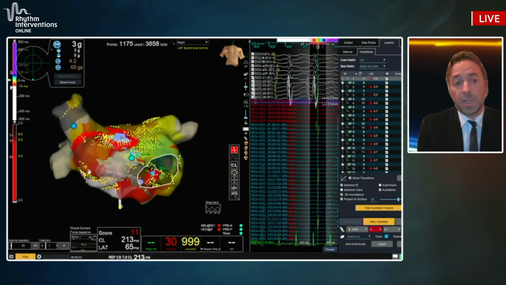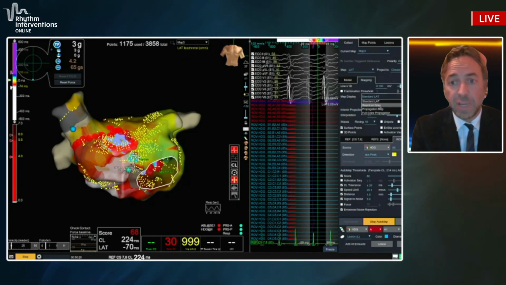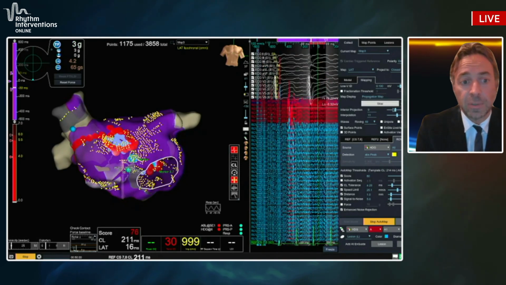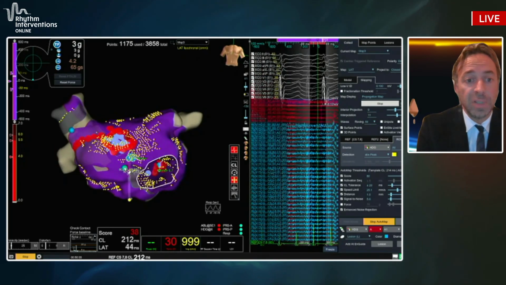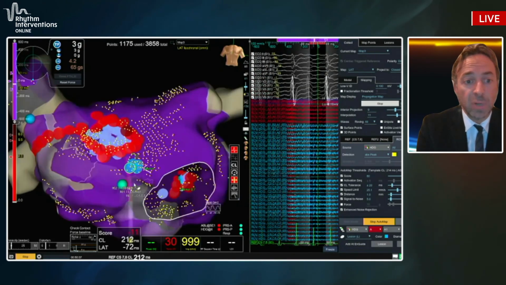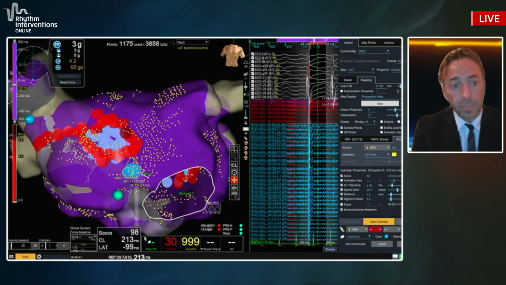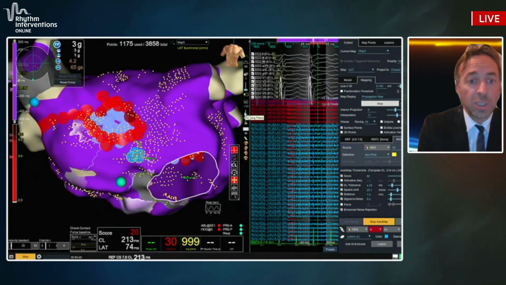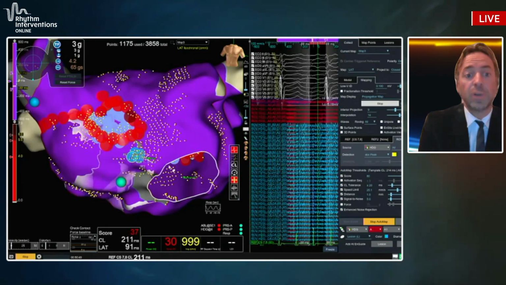AFib into ATAC. So at this step, we just do a classical activation map using the Insight X software. So we do a classical map using the HD grid and the Insight X. And you can see that this is a classical perimitral flutter, very classical. So here we will just do a linear ablation for this flutter.